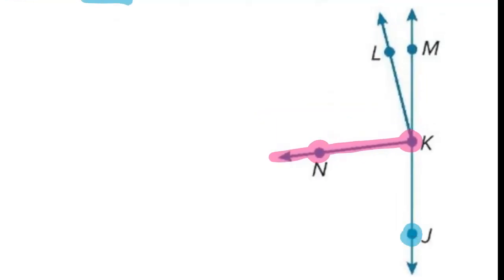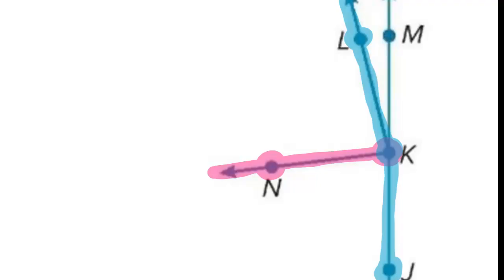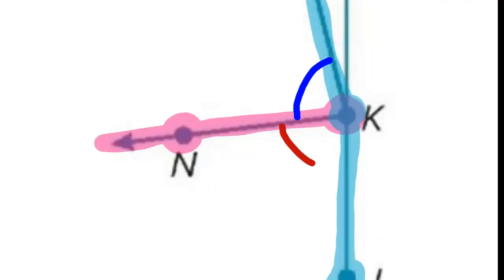So we're going to go from J to K to L. So this blue angle here is JKL, and that pink ray is cutting my blue angle into two equal parts. So this angle here, NKL, is congruent to this angle over here, JKN.